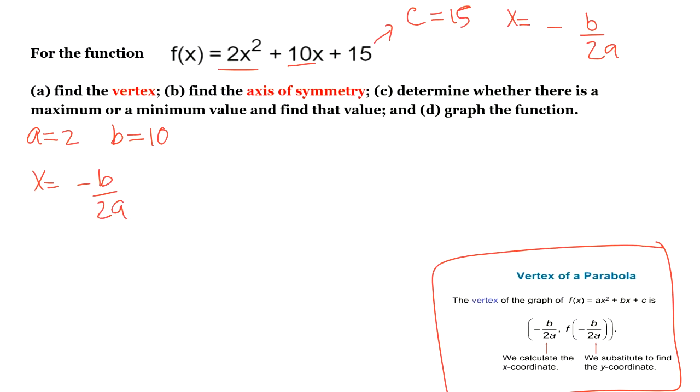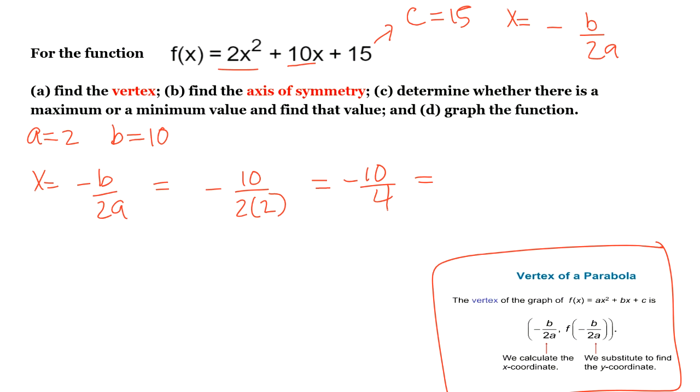So once I have my a and b, I want to plug information into my vertex formula. So it looks like I have negative 10 and then 2 times 2. So negative 10 over 4. And you want to reduce.